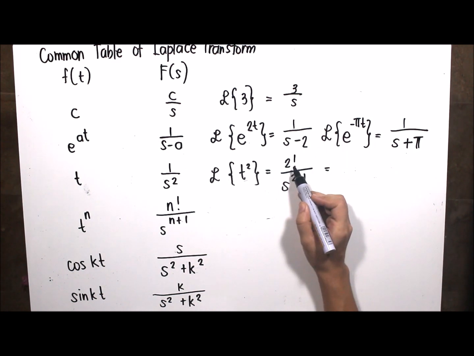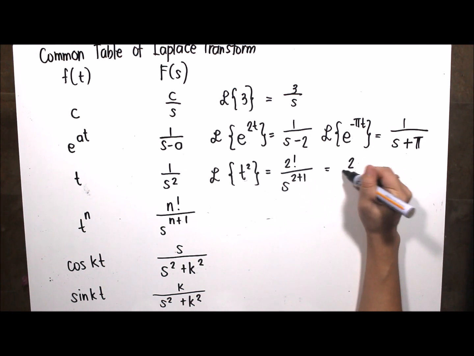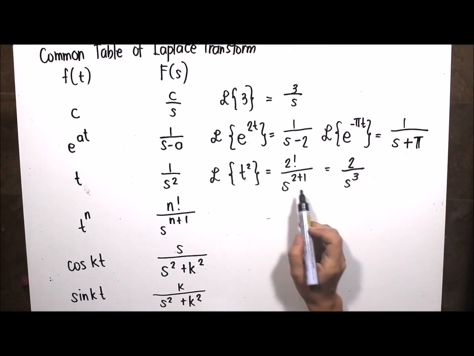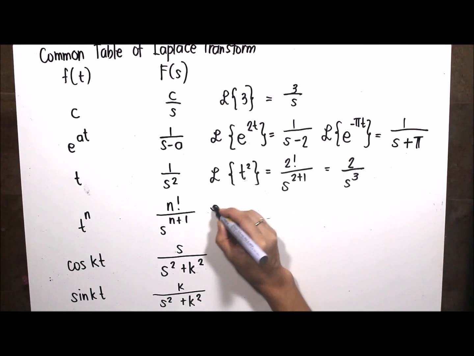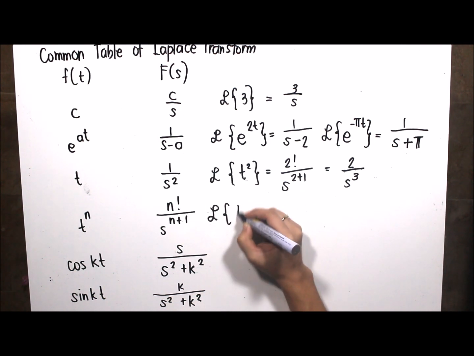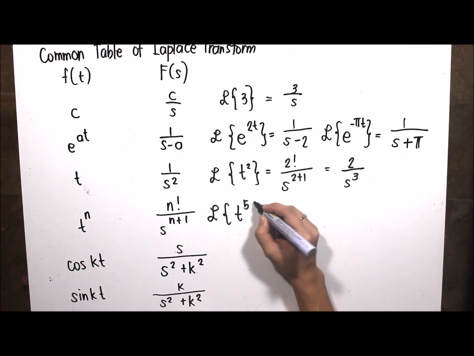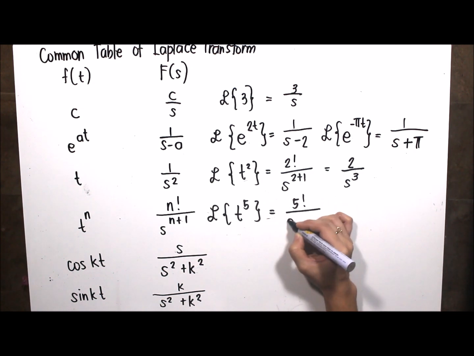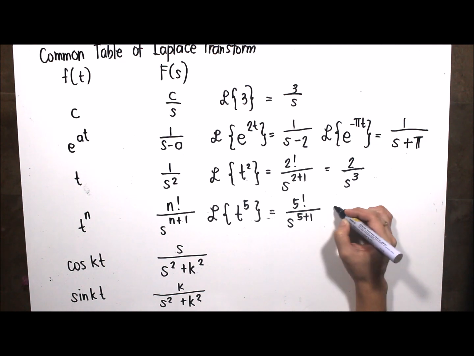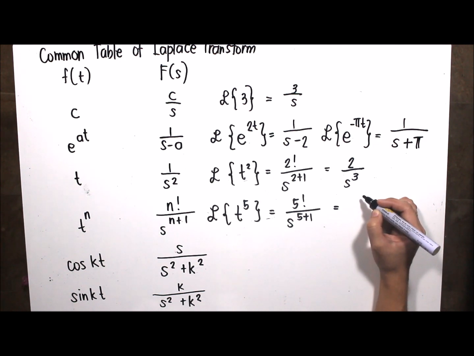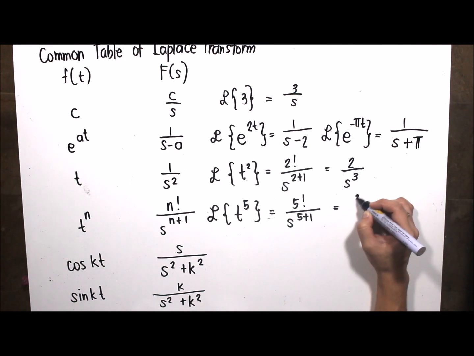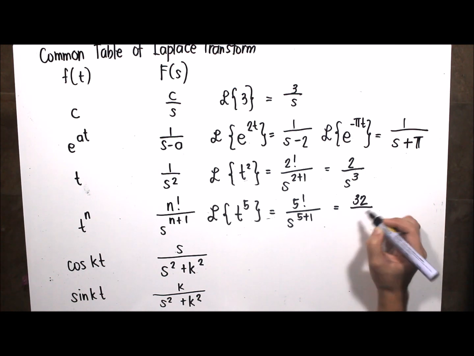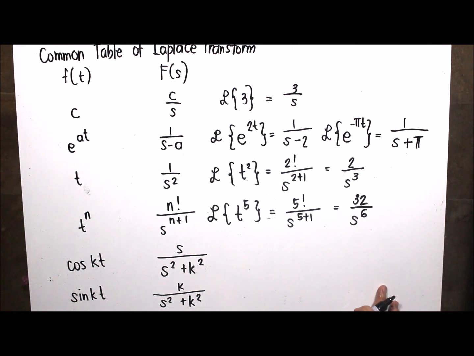Therefore, 2 factorial is 2 times 1, so that will be 2 all over s cubed. Or if instead we have the Laplace transform of t raised to 5, we'll have 5 factorial all over s raised to 5 plus 1. What is 5 factorial? 120 over s raised to 6.